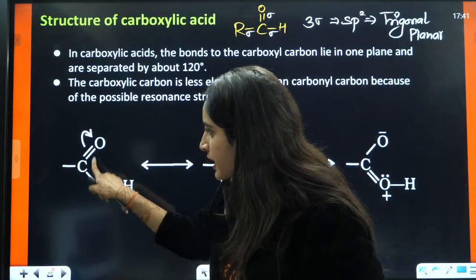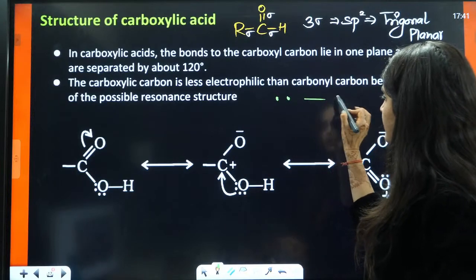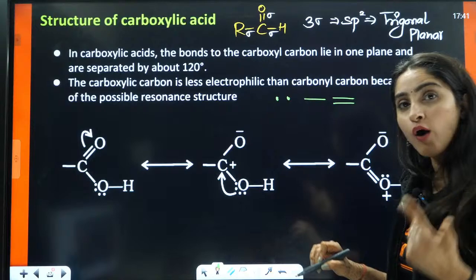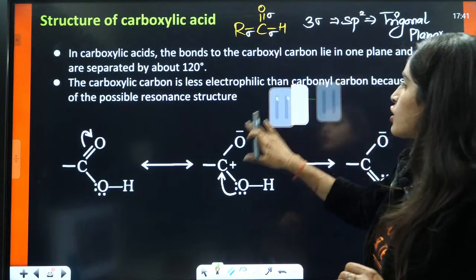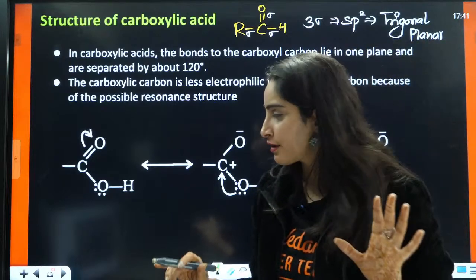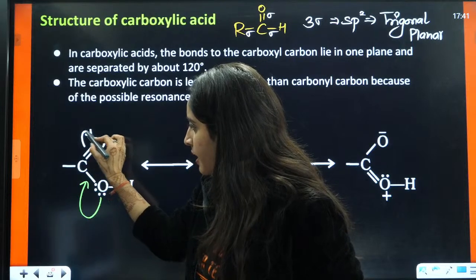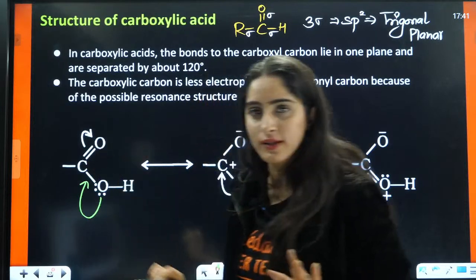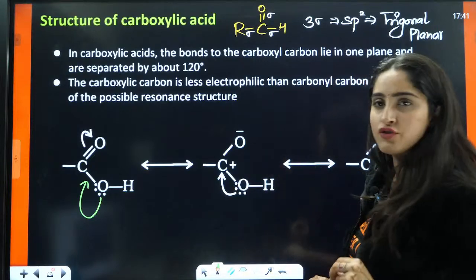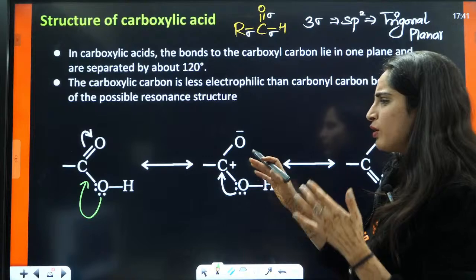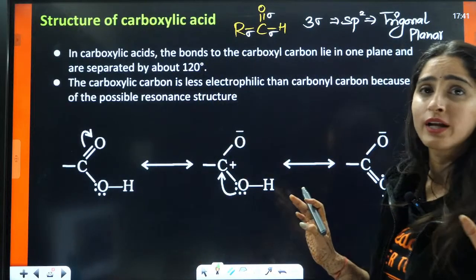This is lone pair, single bond, double bond, and that condition accounts for resonance, right? So the lone pair will shift here, and the pi electrons of this double bond will shift onto this carbon. It will have a negative charge here, and this will have a positive charge, right? Or you can just simply say they have drawn it in 2 steps. I have told you to draw it in 1 step.